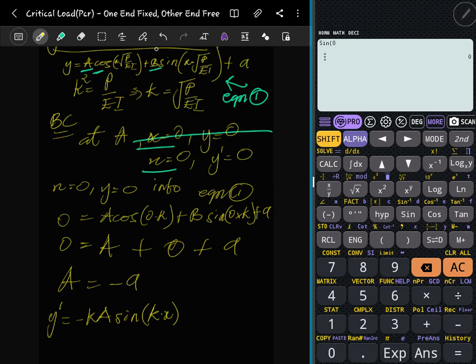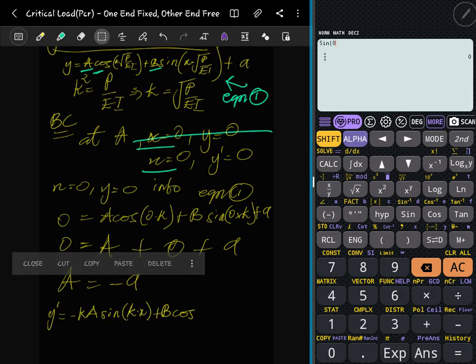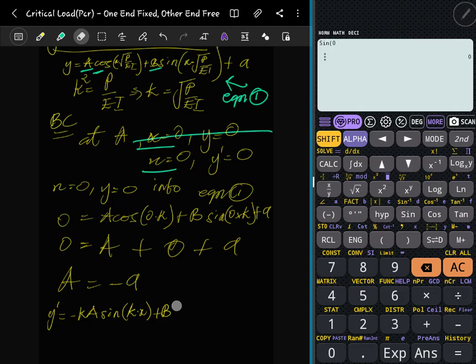And then derivative of the sine gives us cos, so that's plus B cos, and then our k should come out. So this is plus kB cos of kx, and then the derivative of this constant is 0. So that's what we have.